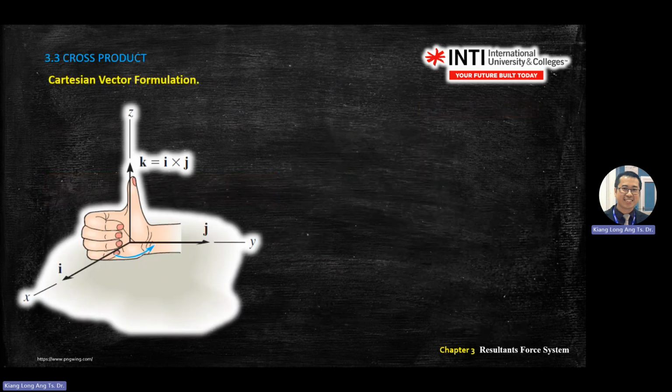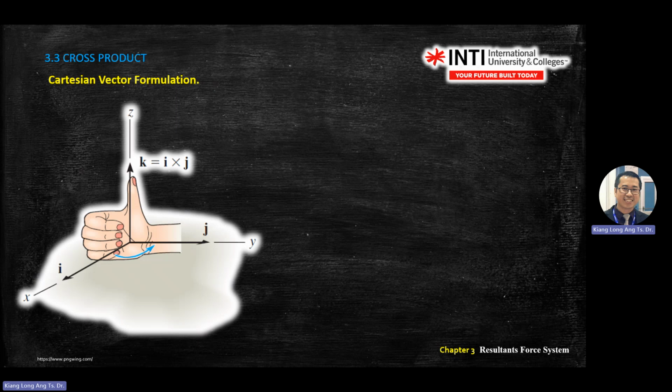Another one is vector analysis, Cartesian analysis. When you see the vector analysis, it means you need to call the ijk already. So ijk, i cross j, your right hand rule. i means x direction, cross j, you will get z direction. Z direction is k.